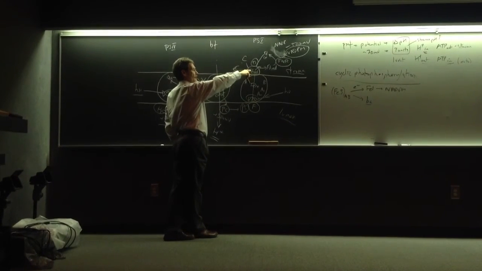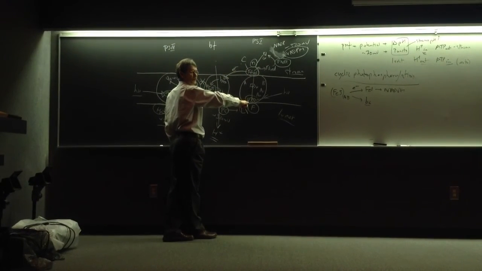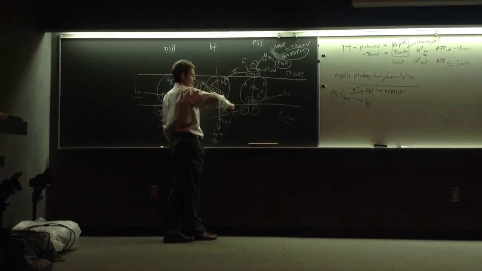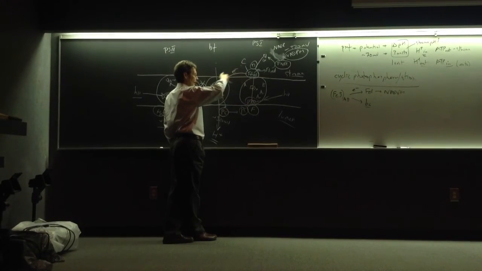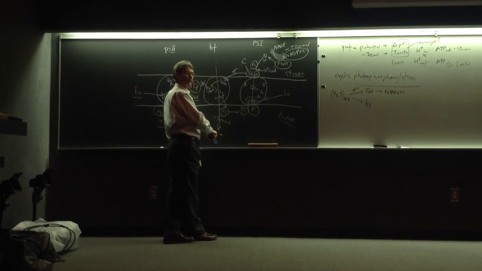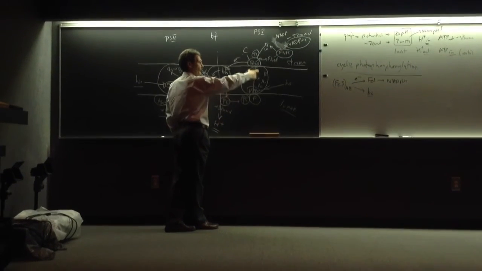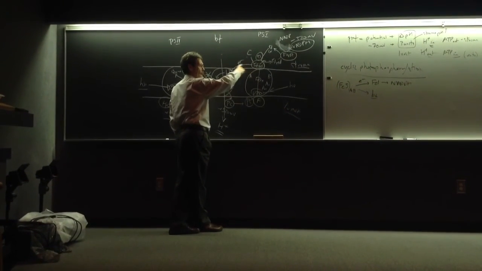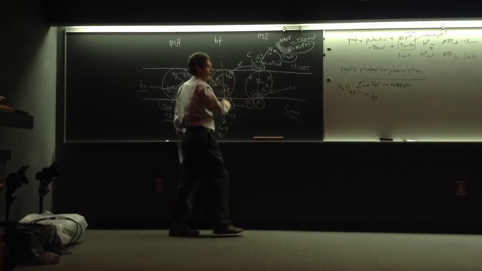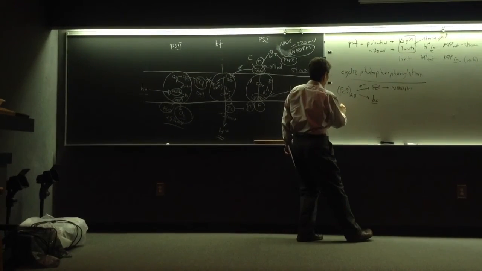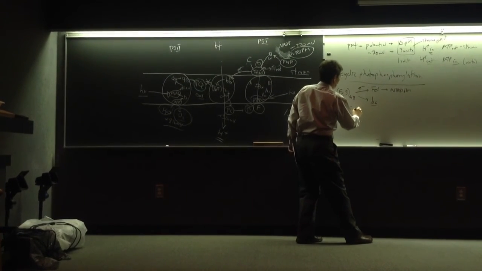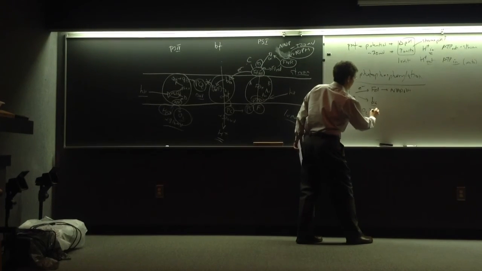There's a flash of light, back to photosystem 1, flash of light, back to photosystem 1, and each time protons are pumped. Right? You get this cyclic electron transport. So no photosystem 2, no oxygen is involved.